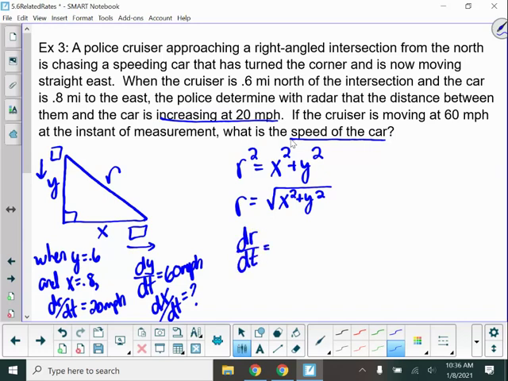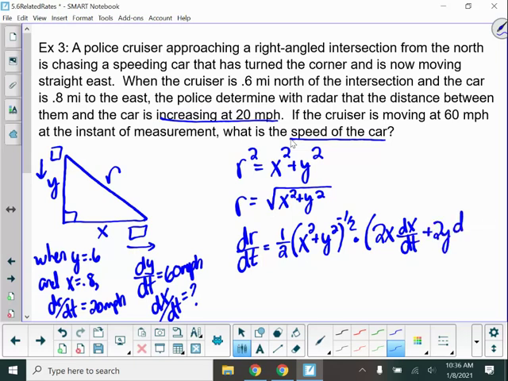So dr dt is going to equal, this is 1/2 times x squared plus y squared to the negative 1/2 times the derivative of the inside, which is going to be 2x dx dt plus 2y dy dt.